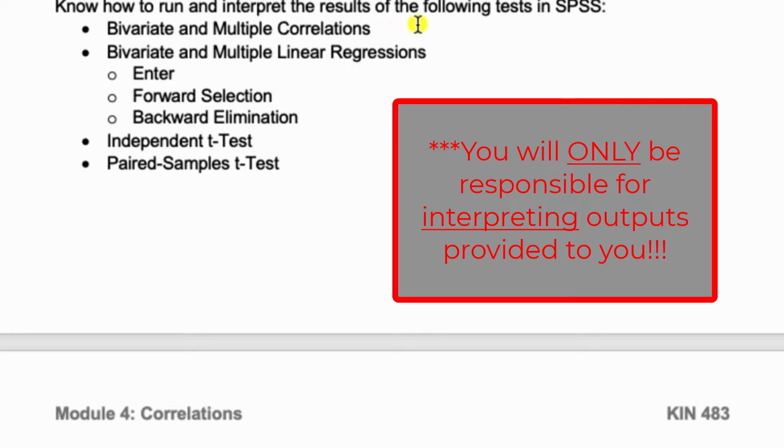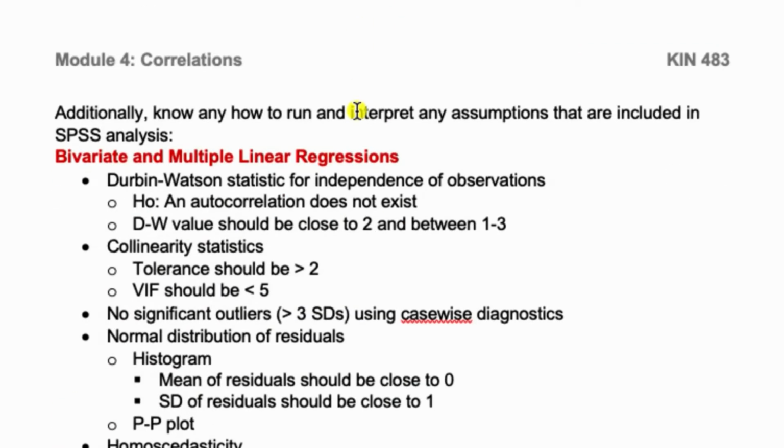So you can tell what the direction and strength of your correlation is, as well as if that relationship is significant or not. We also ran bivariate and multiple linear regressions using enter, forward, and backward methods, as well as independent and paired samples t-tests. So these are what you're responsible for knowing how to run as well as interpret for the outputs.